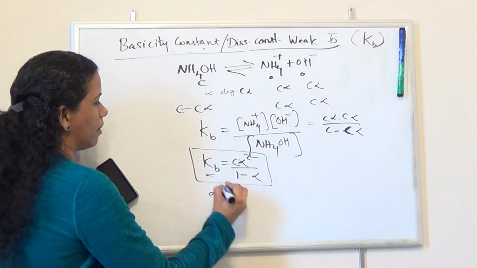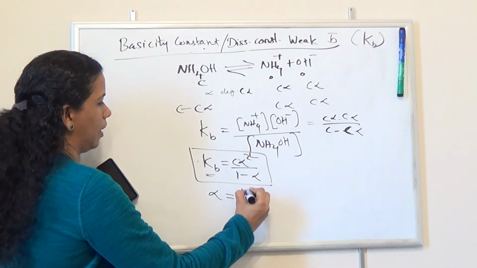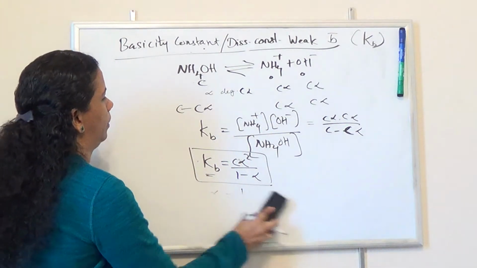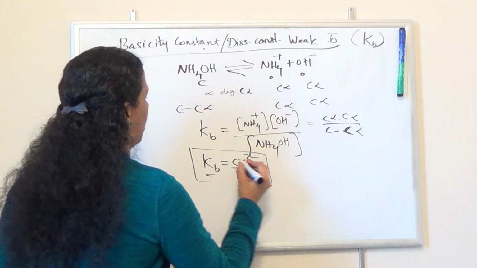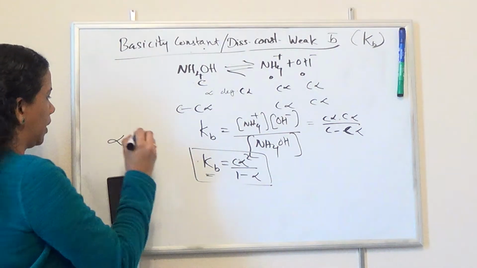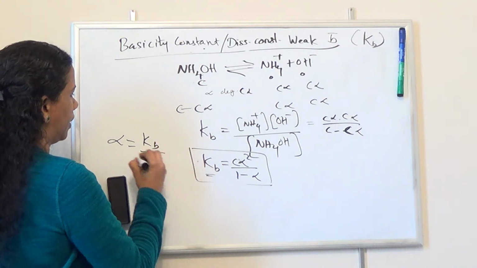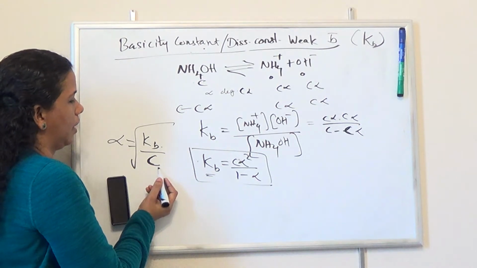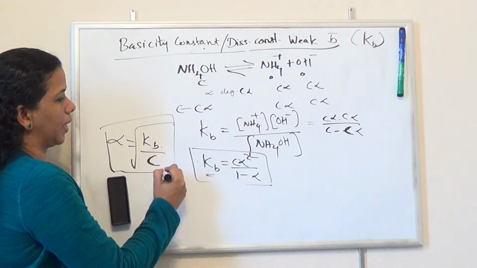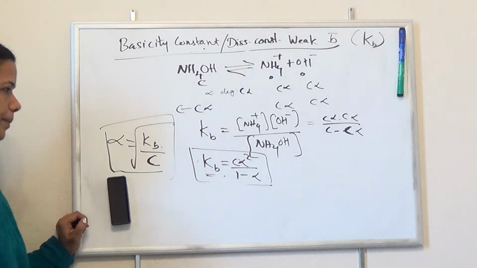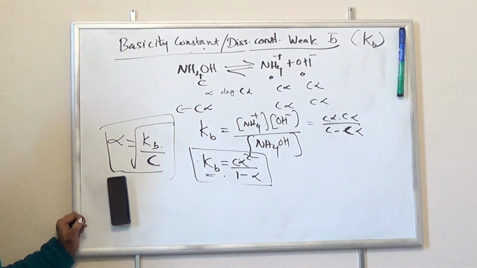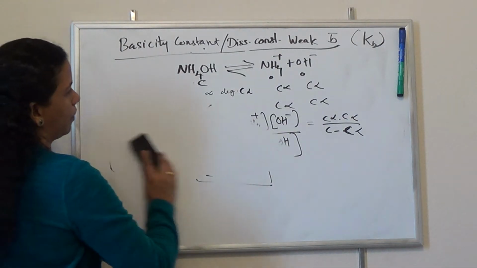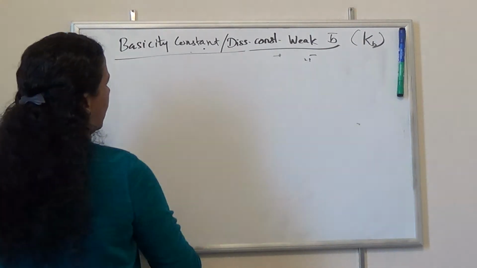Then from this equation, by approximation, we can calculate alpha, that is square root of Kb by C, where Kb is the basicity constant and C is the concentration. So we can calculate Kb and alpha. So these are all about dissociation constant for weak acid and weak base.